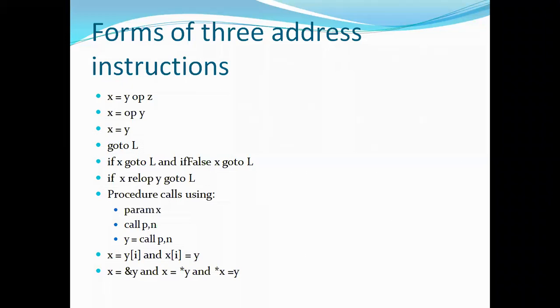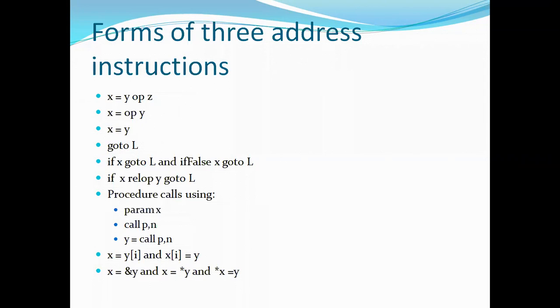These are useful when we are generating intermediate languages for any type of input. Where the program constructs contain if-else or any conditional statement, I need to use if x go to L, and if false x go to L, like that.